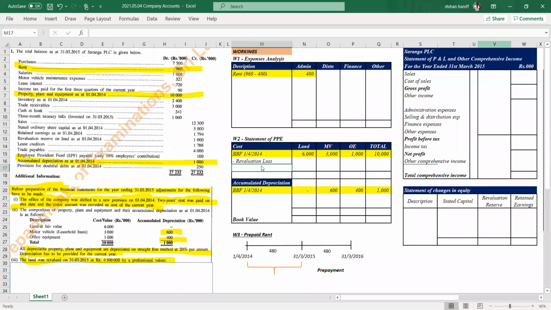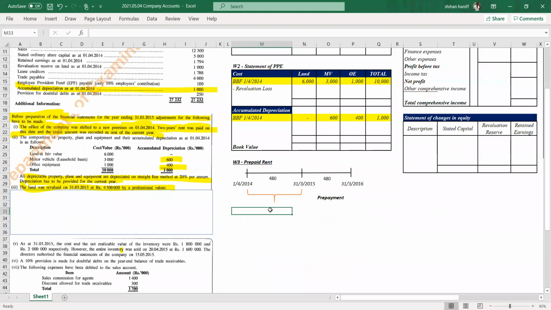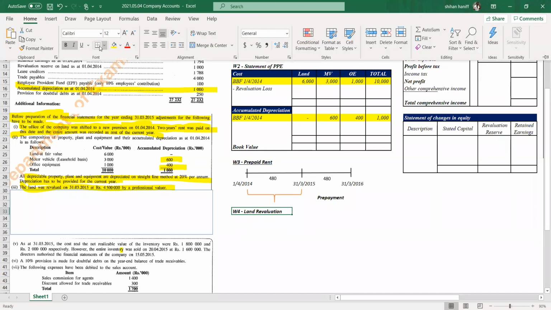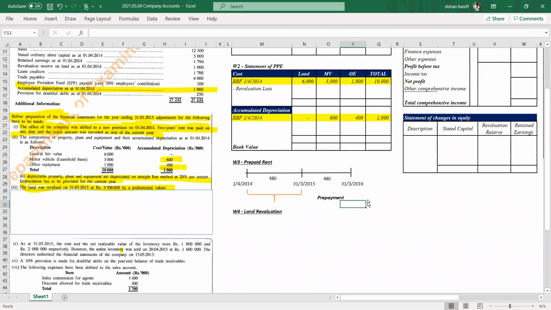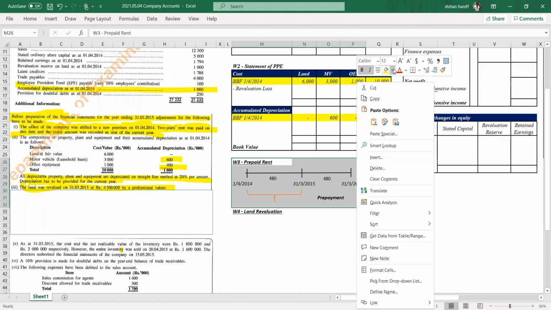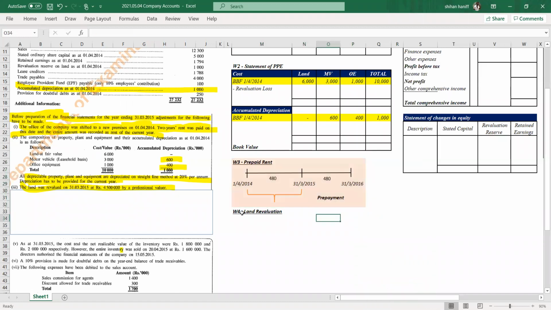Minus revaluation loss. So double entry for the revaluation.